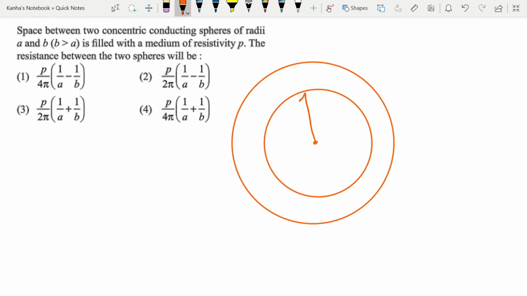One has a radius A, another has the radius given by B. Now let me draw another circle here, but let's draw it with another pen because it's slightly different from this.